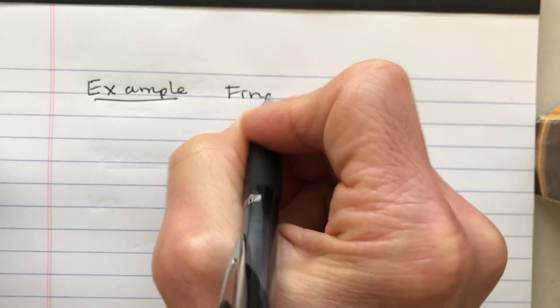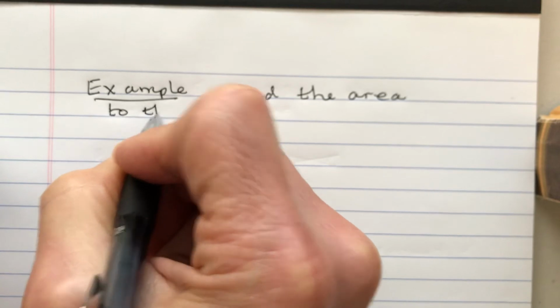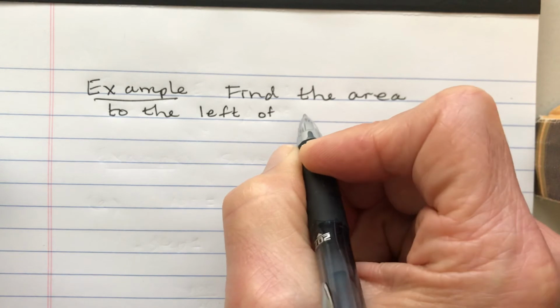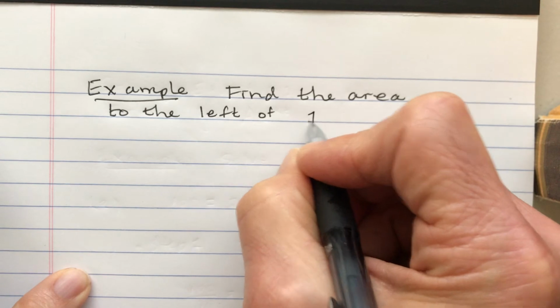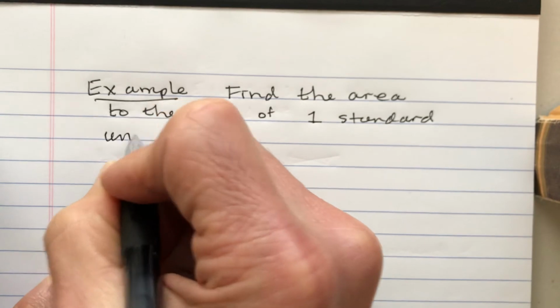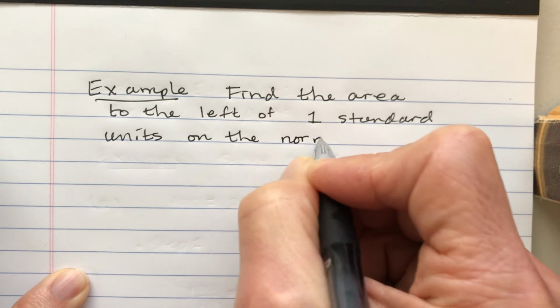Okay, so let's try another example. Find the area to the left of one standard unit on the normal curve.